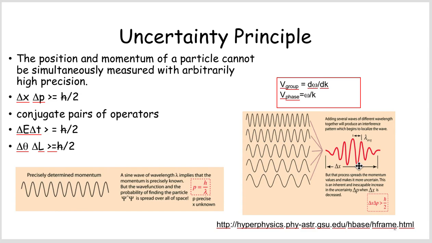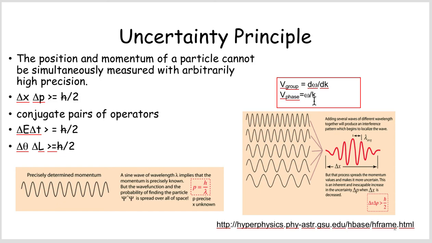Some notation which we use is that the velocity of a wave with a single frequency, wave number or wavelength, is called phase velocity, and it is measured by omega over k. Omega is angular frequency and k is wave number.